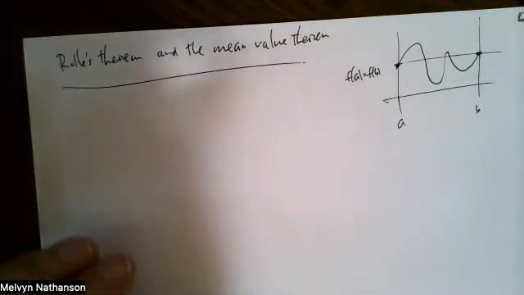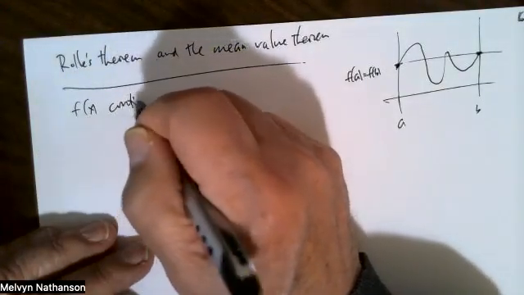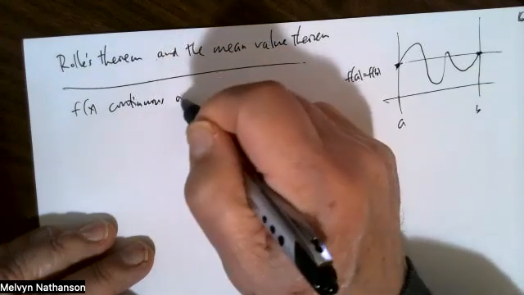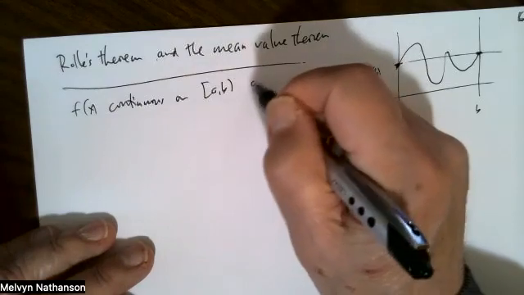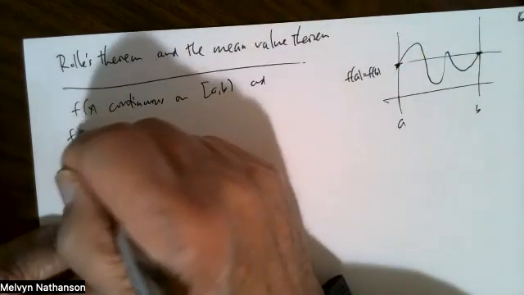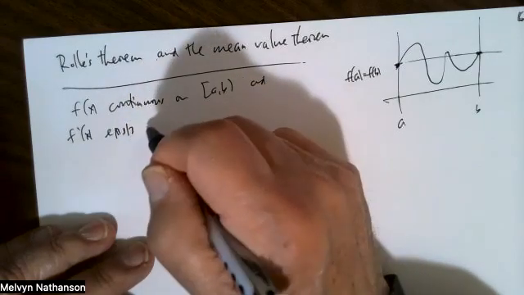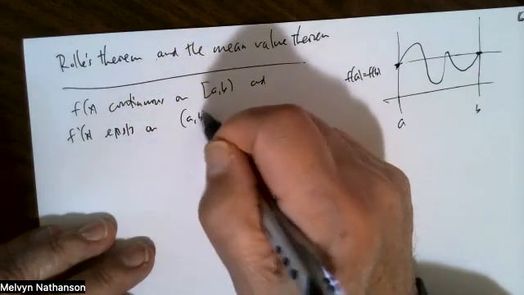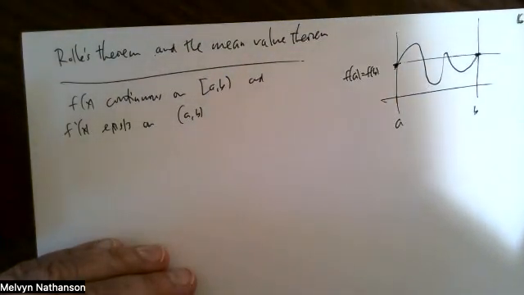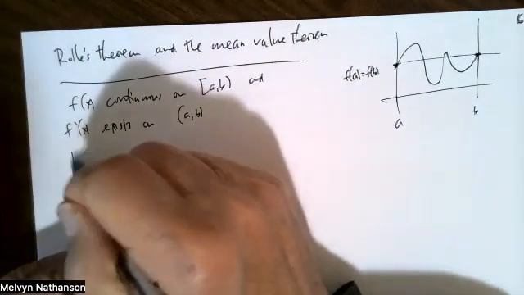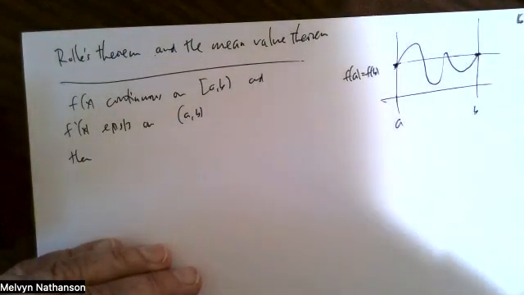And Rolle's theorem says that if f of x is a function which is continuous on this whole closed interval from a to b, and the derivative f prime of x exists at least on the open interval from a to b, we're not requiring that it's differentiable at the endpoints, then the derivative has to be zero somewhere between a and b.